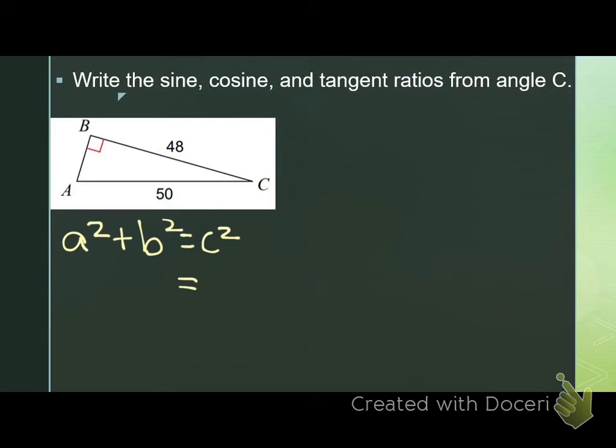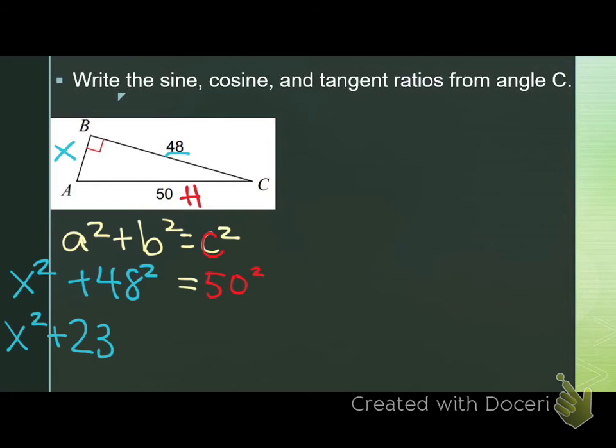All right, so which of these is C? Which of these is the hypotenuse? 50. It is 50. Thank you. All right, A and B, I don't know this side, so I'm just going to call it X, because why not? And then we'll say 48 is B. What is 48 squared? 2,304.